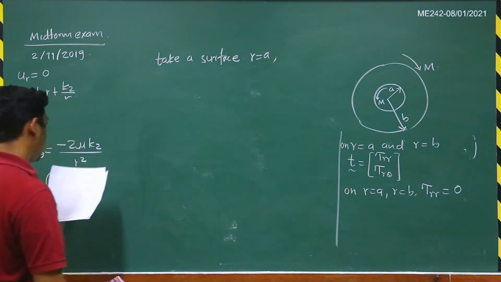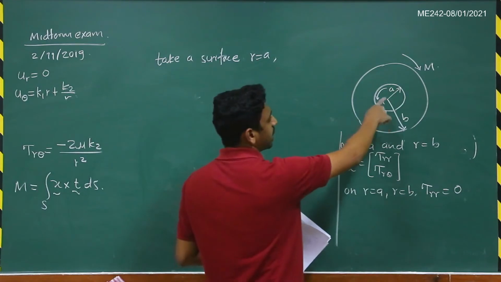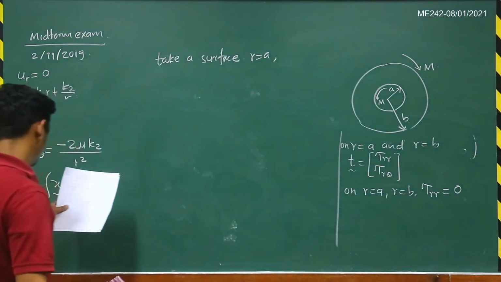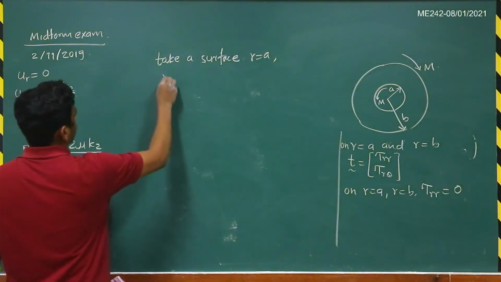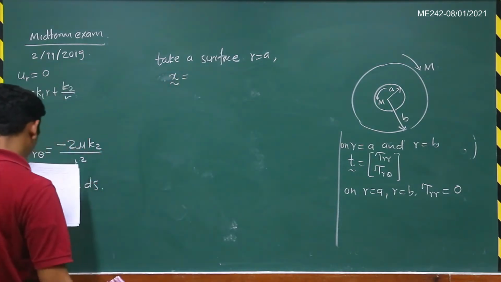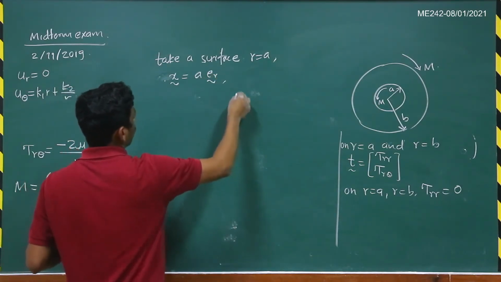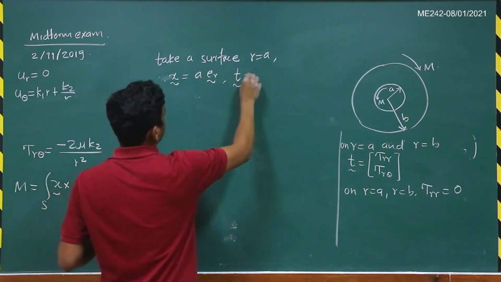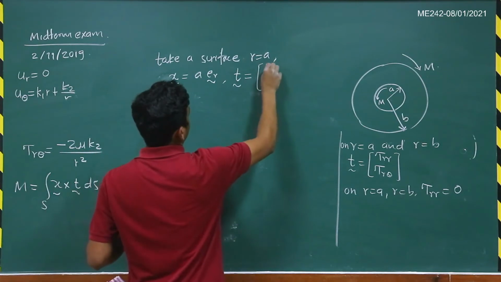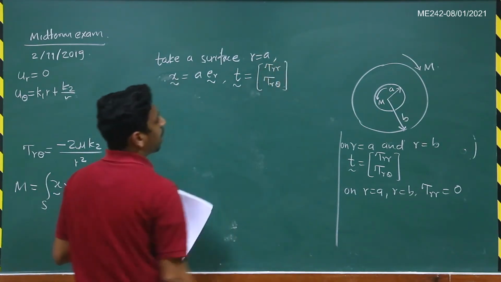So the moment on this inner surface is minus m ez in ez direction. The position vector on this surface would be a times er, and again its traction would be tau r theta and tau r.